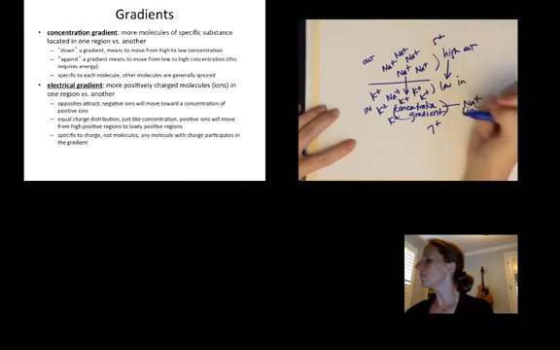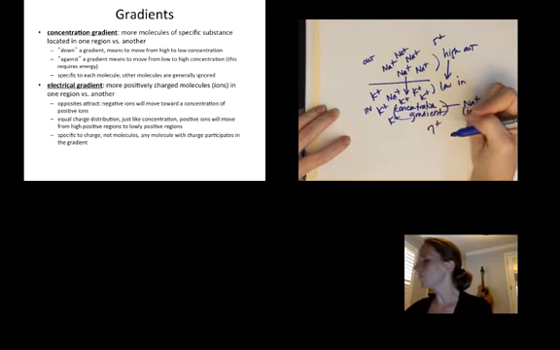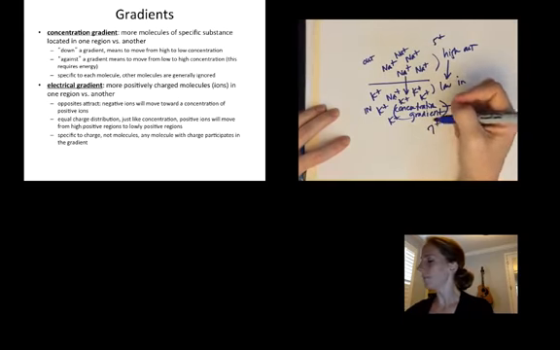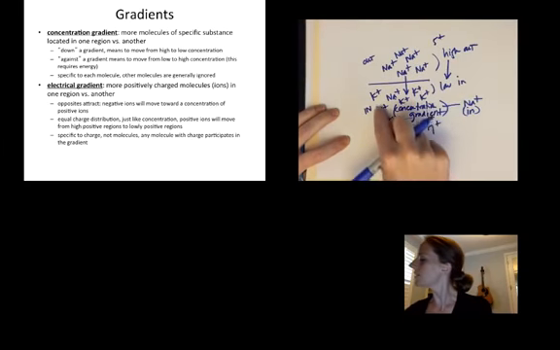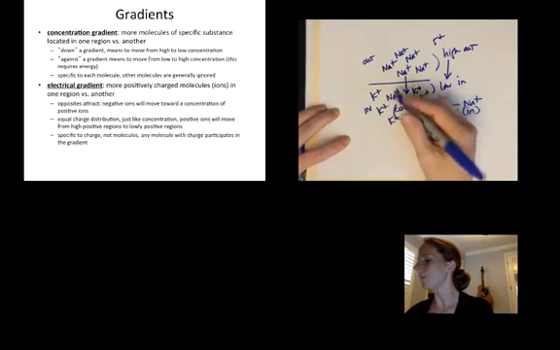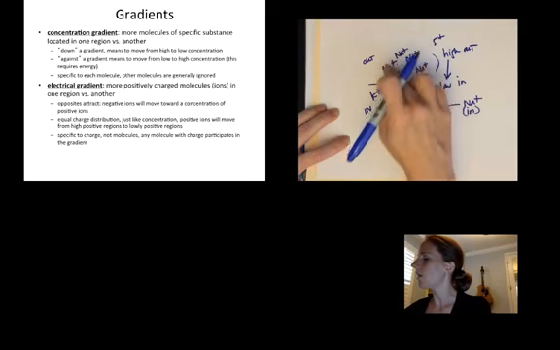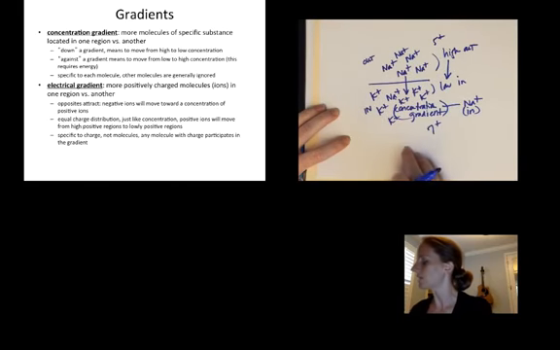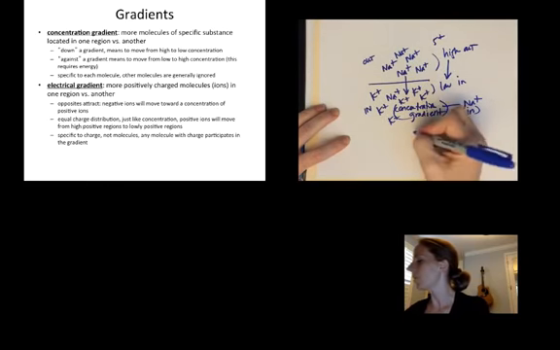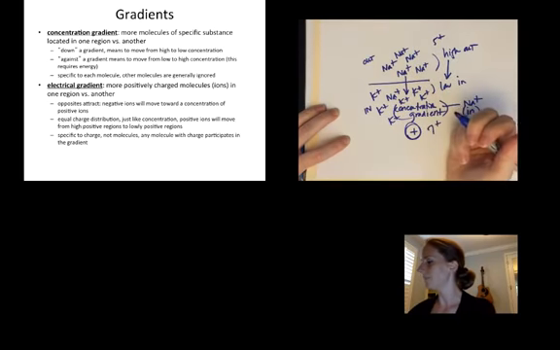Now for electrical gradients, charge is going to also want to be equally distributed. In this case, it doesn't matter the type of molecule for an electrical gradient. It only matters the charge. So for an electrical gradient, we just count all the positives on either side, and you can see that we have more positive inside than outside.